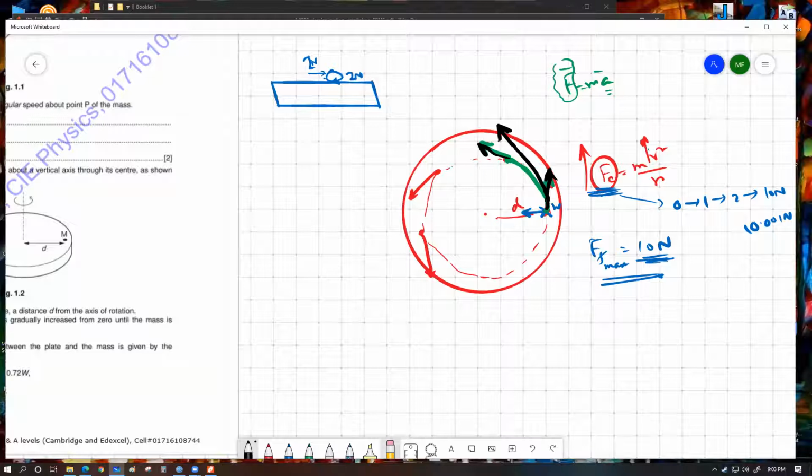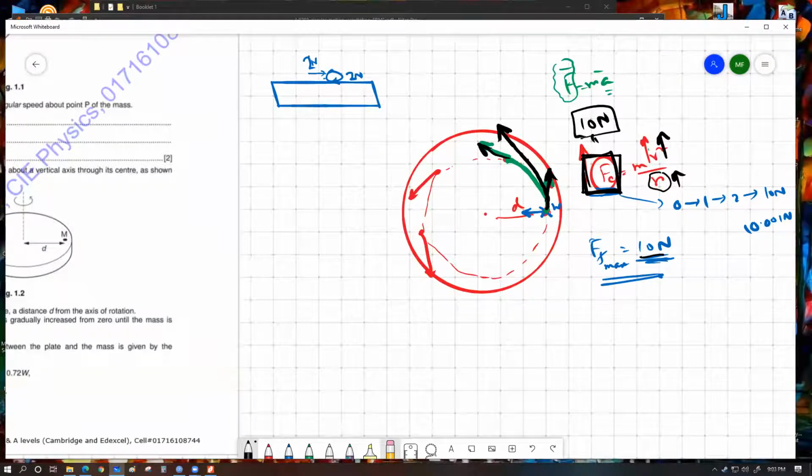This is only possible if the trajectory slowly starts to get bigger, because the maximum surface friction can be 10 Newton. If you fix this value at perfectly 10 Newton and you still want to increase the V, the only way you can still keep this 10 Newton is if your R also goes up.